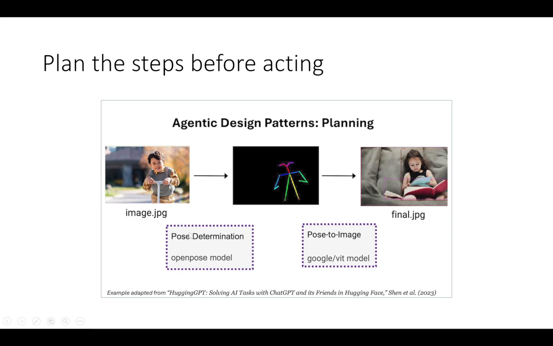Determine the pose: maybe the head is slightly slanted to the left, the arms are bent at the elbows, things like that. Then, in this pose, draw a picture or image of a girl, and it comes up with this. This is from HuggingGPT.